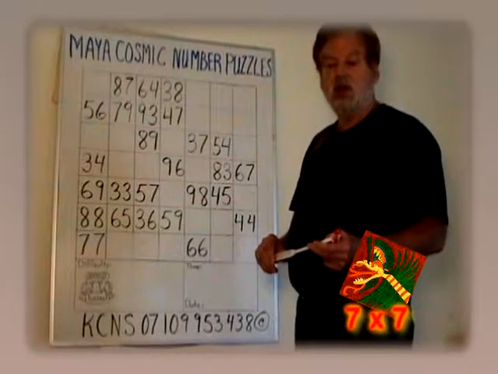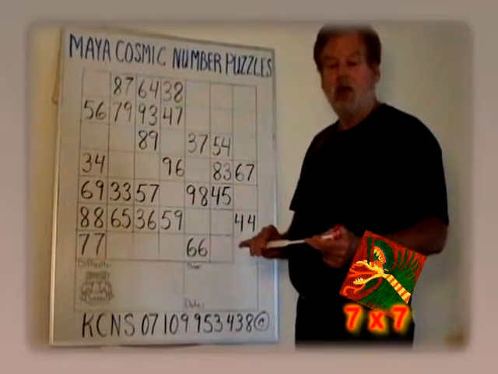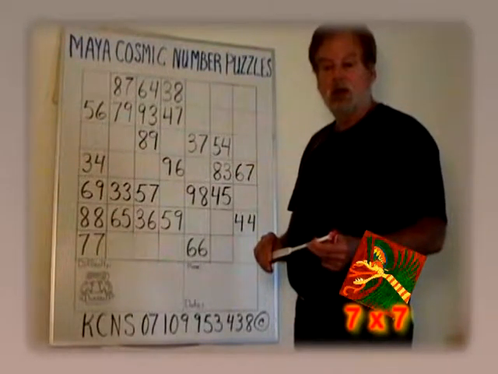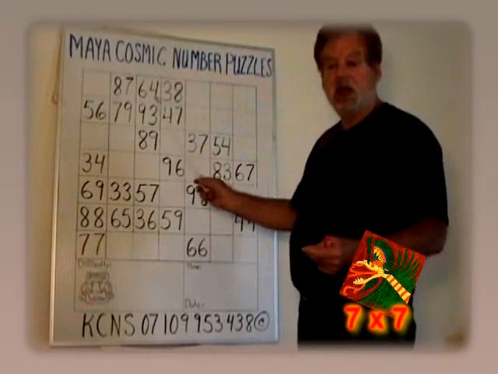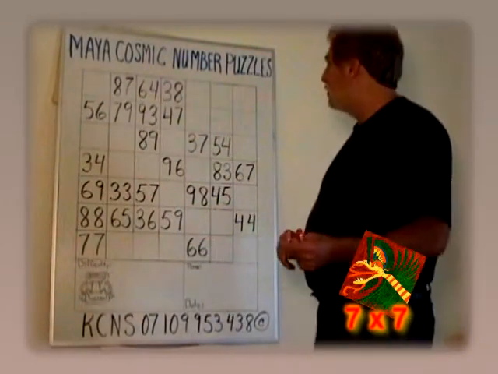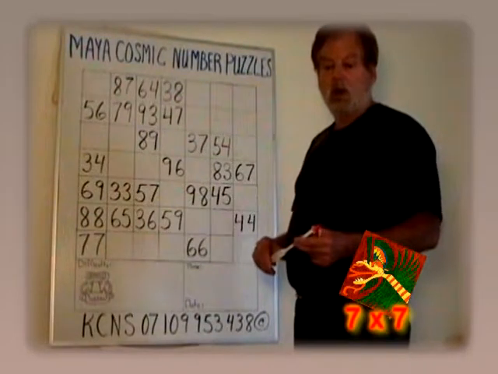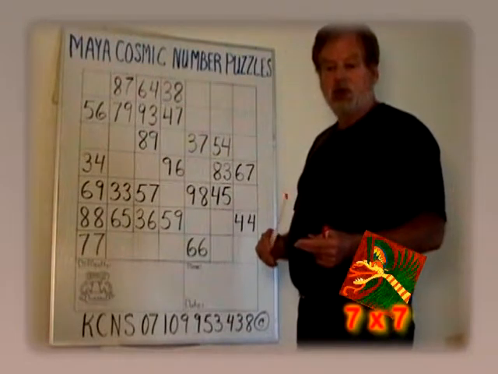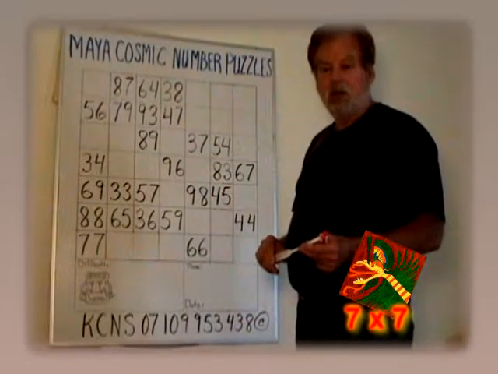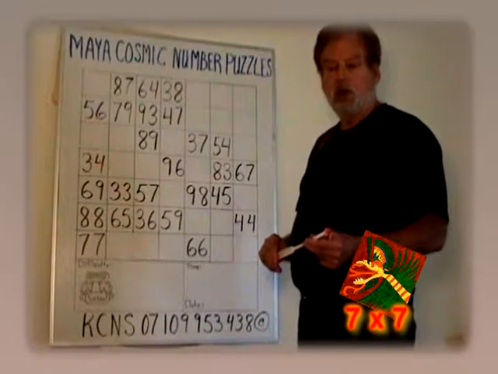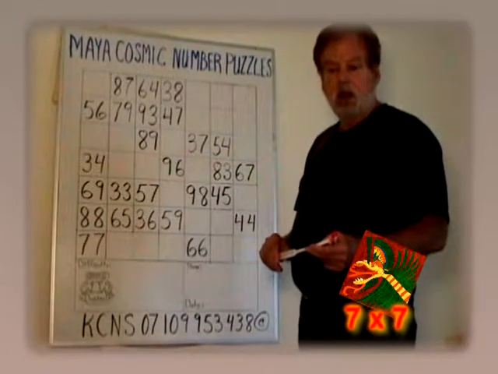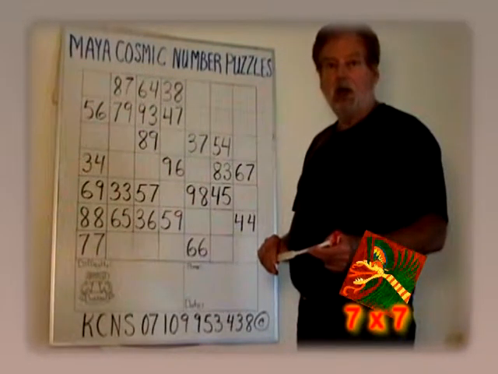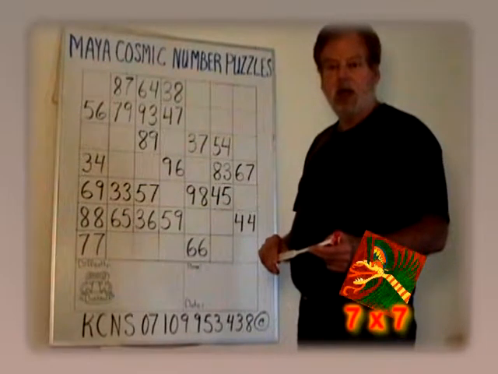Then you have versions that have 1 to 7, 2 to 8, 3 to 9, as in this example. So, we will solve this puzzle today. The rules on how to play the game will be posted at the end of the video. We have them available in 40 different languages on Google Play, the Android version.